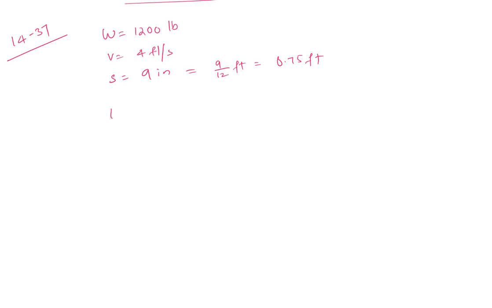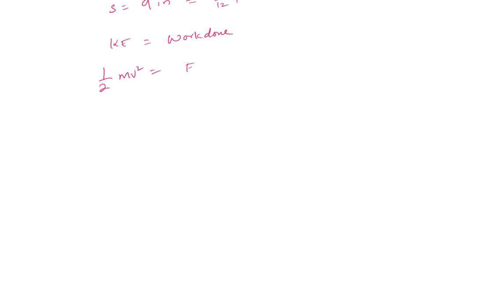Okay, so the kinetic energy is equal to work done. So half mv square is equal to work done, which is force times distance. Half mass is 1200 pounds divided by 32.2, weight divided by g.